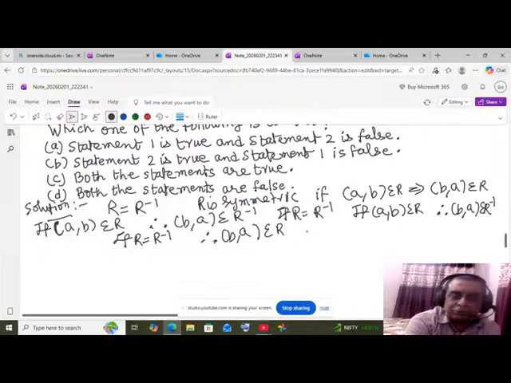So R is symmetric. Because AB is an element of R, by R inverse we know that BA will be an element of R inverse.